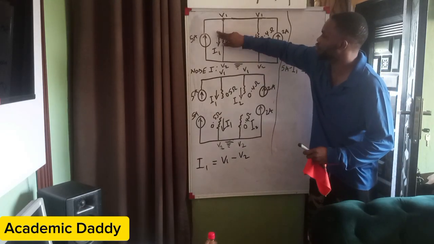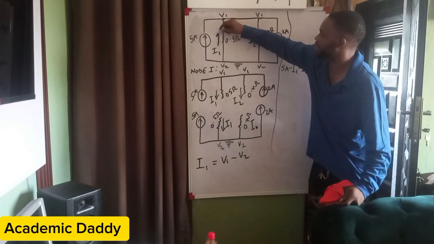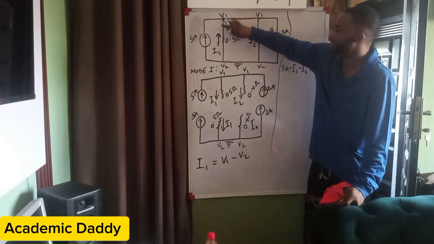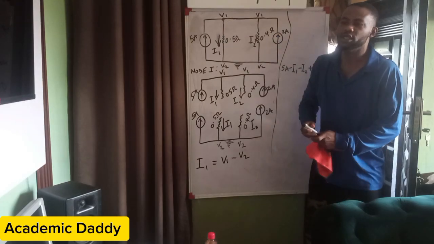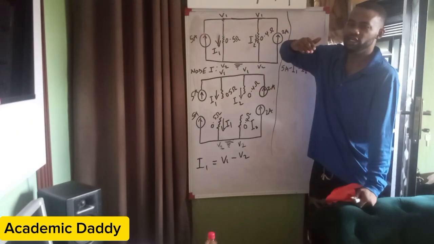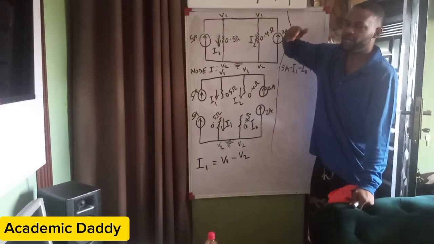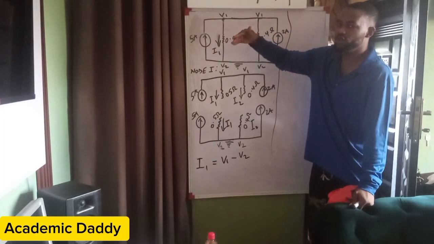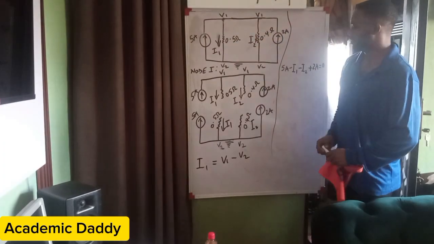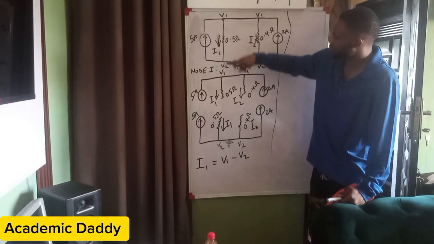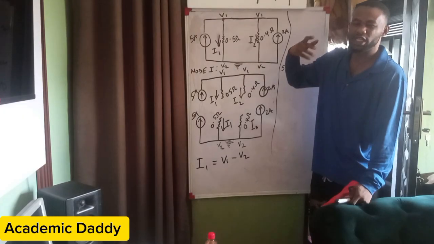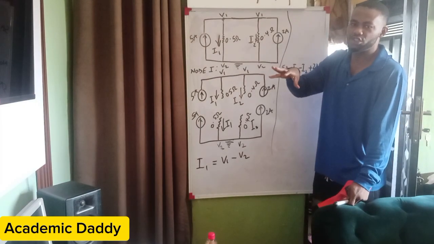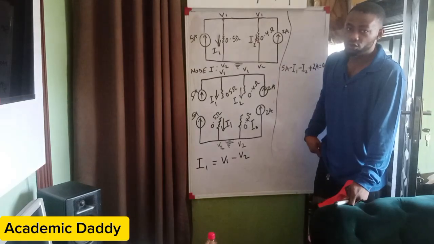Assuming this arrow is up, it will be V2 minus V1. Any direction you see your current going, know that the voltage there is highest, and where it's going to is the lower potential. So always use potential difference instead of just voltage when you are treating nodal analysis.